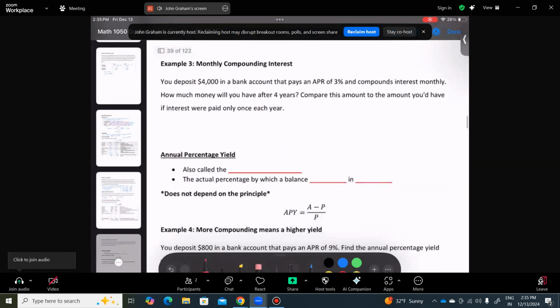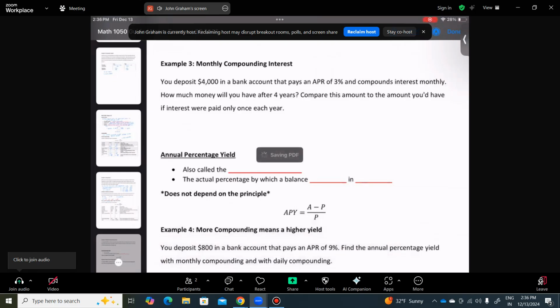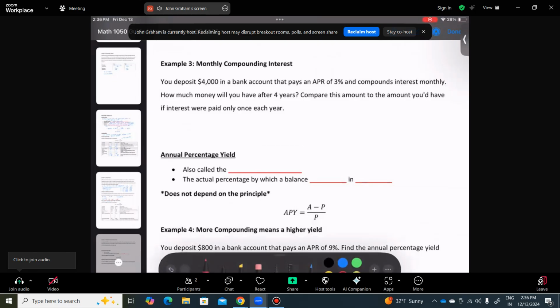All right, so let's say we want to deposit $4,000 in a bank account that pays an APR of 3% and compounds interest monthly. So principal amount is $4,000. APR is 3%, so 0.03. Compounds interest monthly, so n equals 12. And the years is 4 years. Now, we have to find our rate.